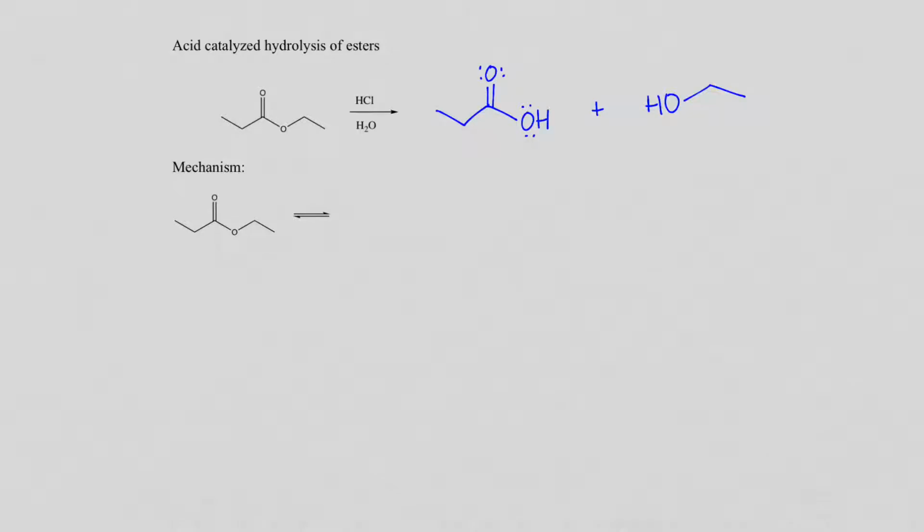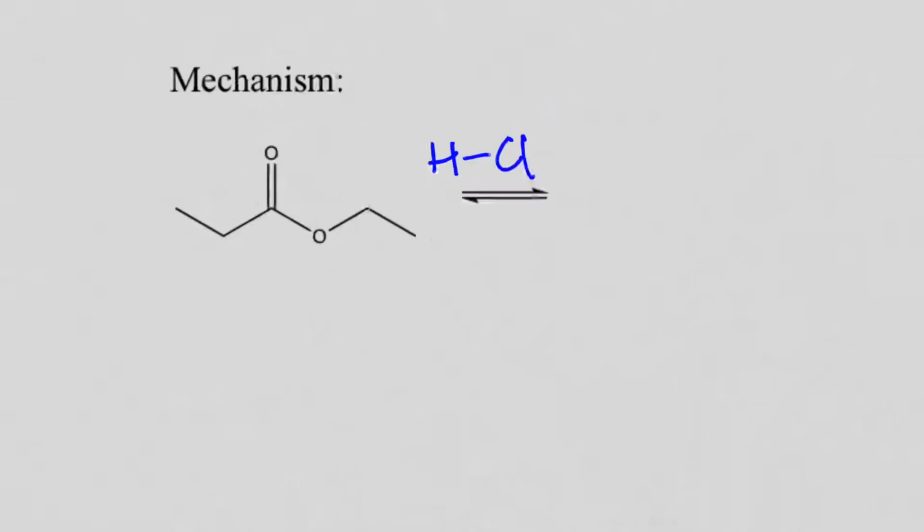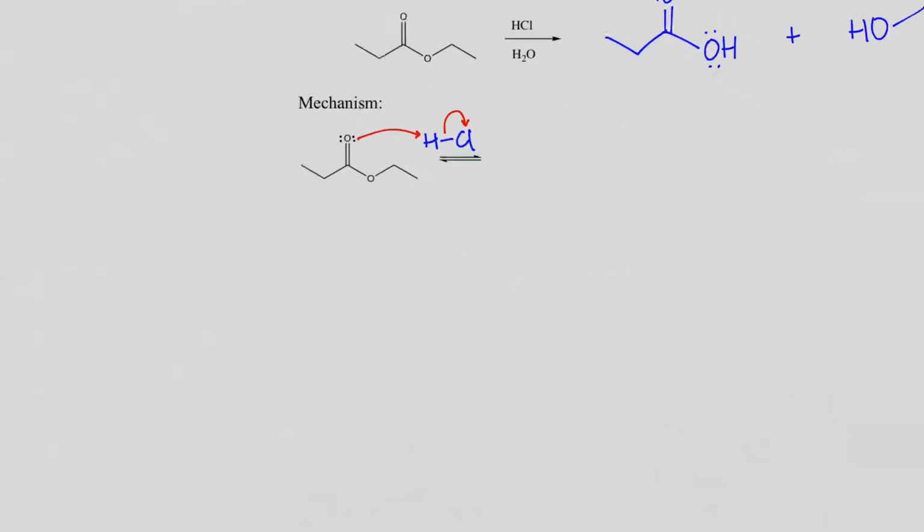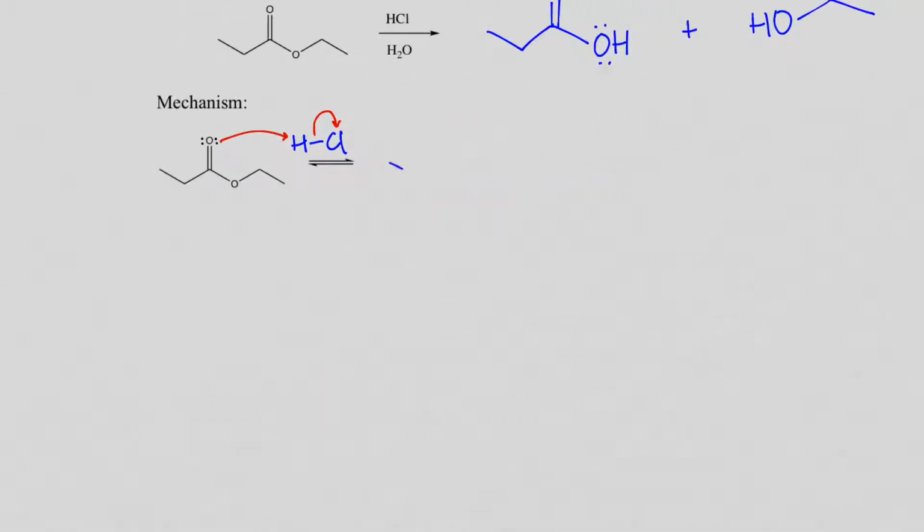So since there's no nucleophilic atoms, we're going to draw in lone pairs on that oxygen, and we're going to get an activated carbonyl. Bond's going to pop off onto the chlorine.